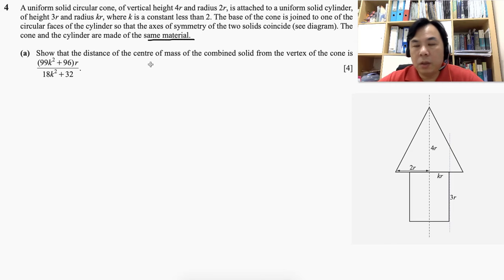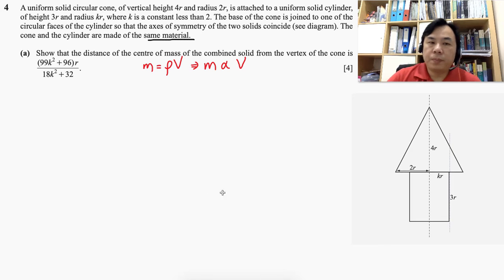The mass of the solid itself is given by density multiplied by the volume itself. Therefore, you can say that the mass is directly proportional to the volume. Since the mass is directly proportional to the volume, if you don't have any information regarding the mass itself, we can replace it with the volume. If you want, you can include the density, which is not very important in our analysis here.